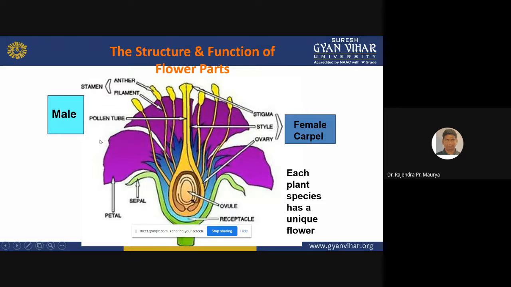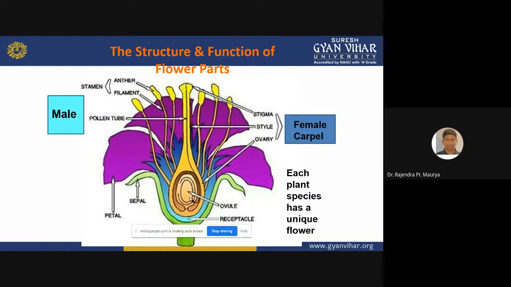So when this pollen tube reaches the ovary, it comes in contact with the ovules. We can say pollen grains are the male gametes and ovules are the female gametes. So when they come in contact, fertilization occurs, and after fertilization it makes a zygote, and after the zygote, embryo development.